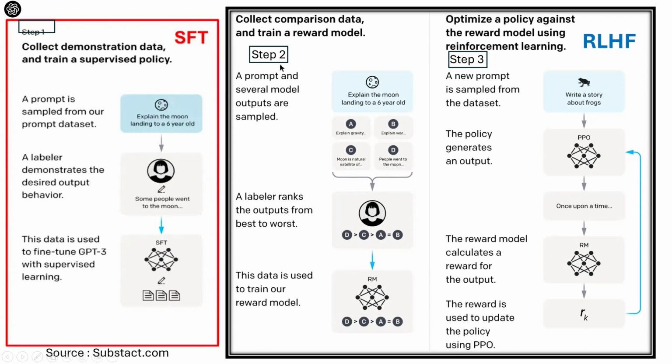They went further in step two, where they first collect comparison data and train a reward model. What do I mean by a reward model here? The reward model here comes from reinforcement learning, which rewards a model every time it gets a task correct.